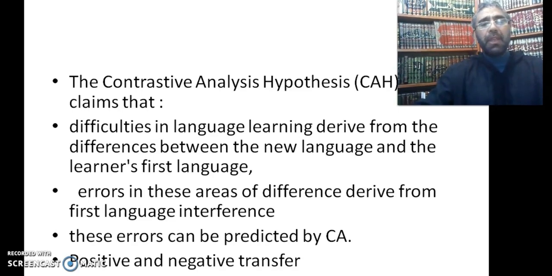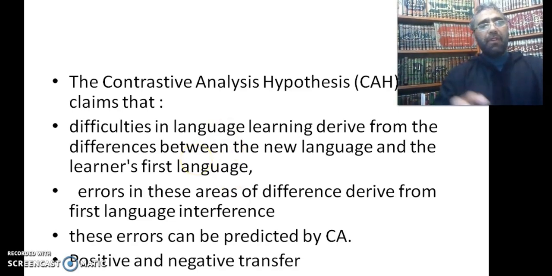Notice here that we're moving from L1 acquisition to L2 learning. L1 refers to your mother tongue, and so we say L1 acquisition. We acquire our L1. We don't learn it.